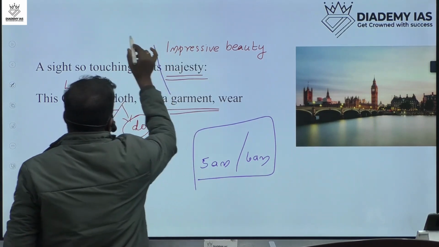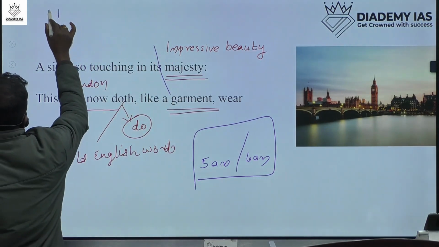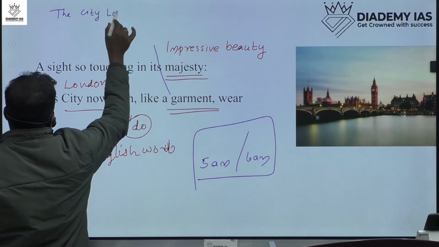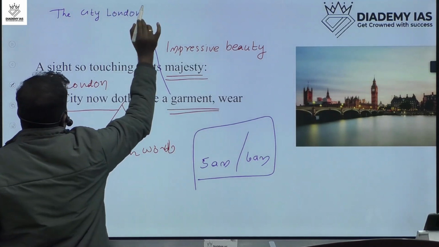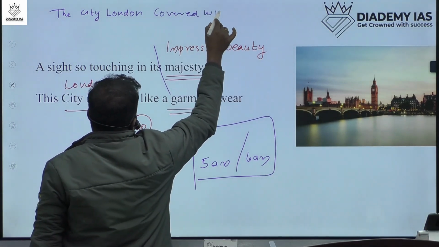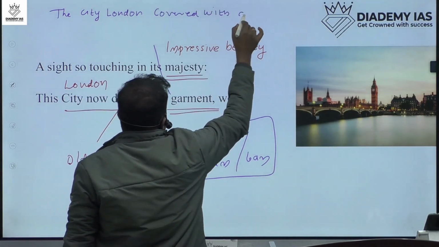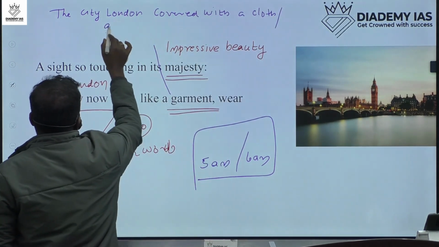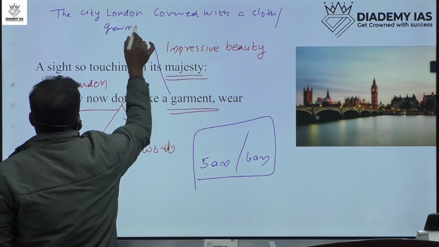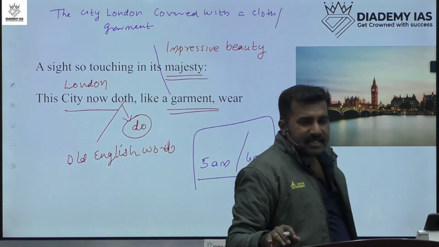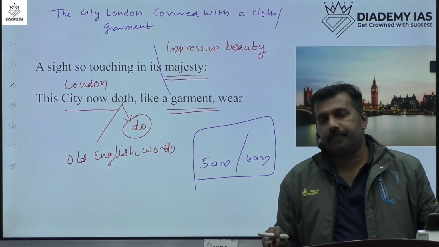The poet says that the city, London, is covered with a cloth or garment. So these are the important points in lines 3 and 4.